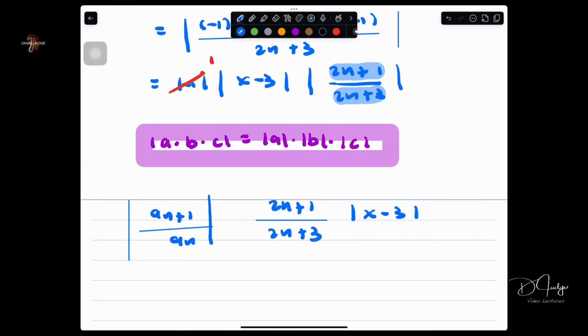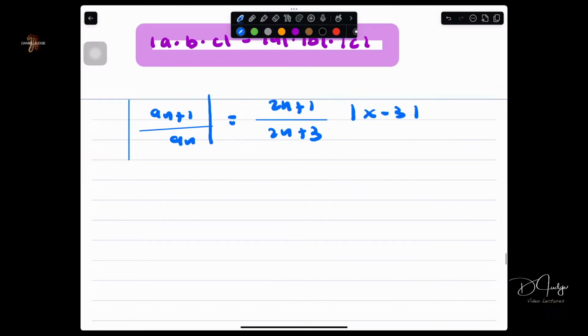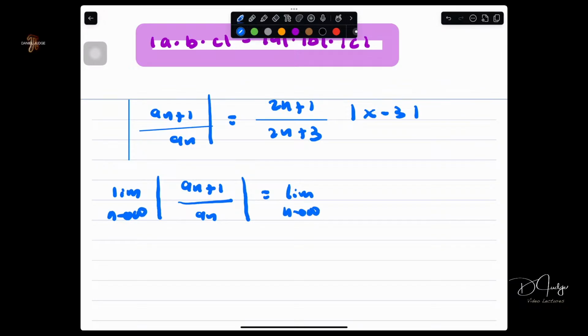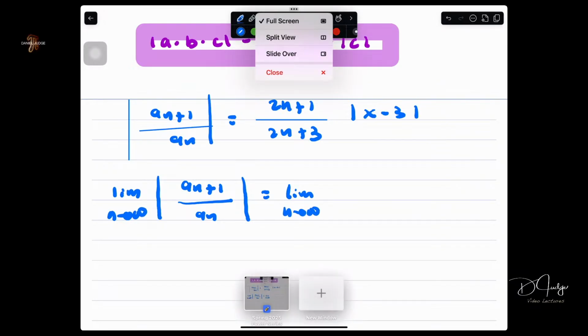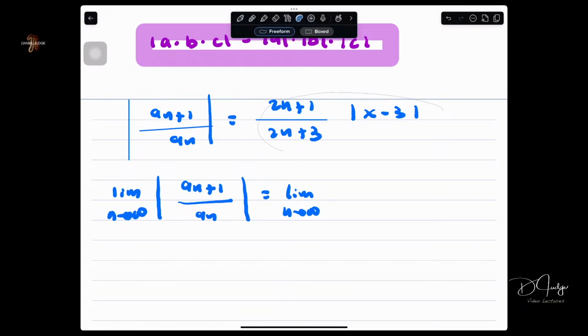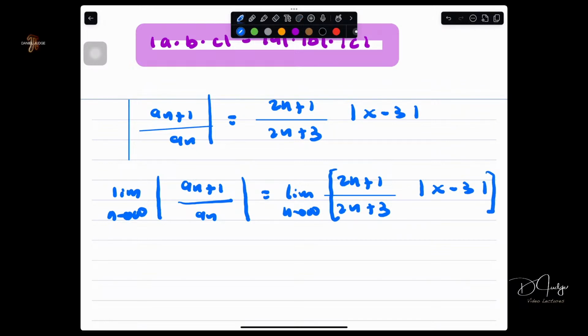So we're going to apply the limit now. This is the ratio test. Limit of the absolute value of a_{n+1} over a_n, as n goes to infinity. Everything you see here, I'm going to copy it. Again, I'm going to emphasize that this is the limit as n goes to infinity.